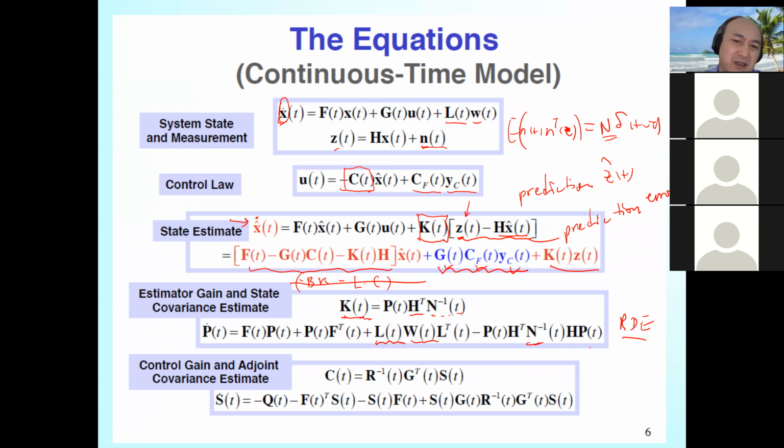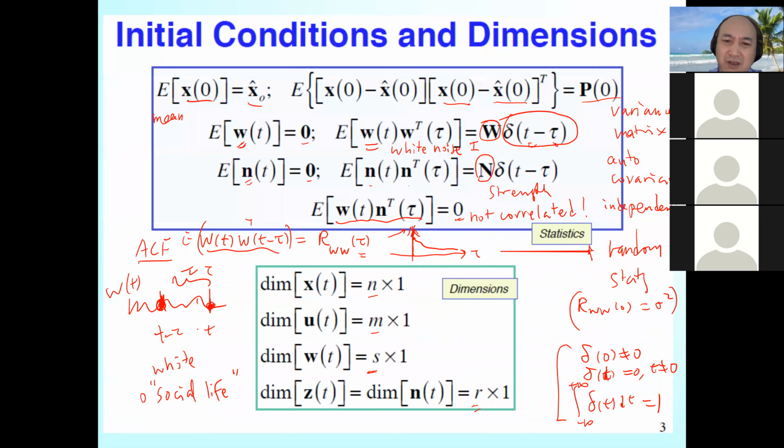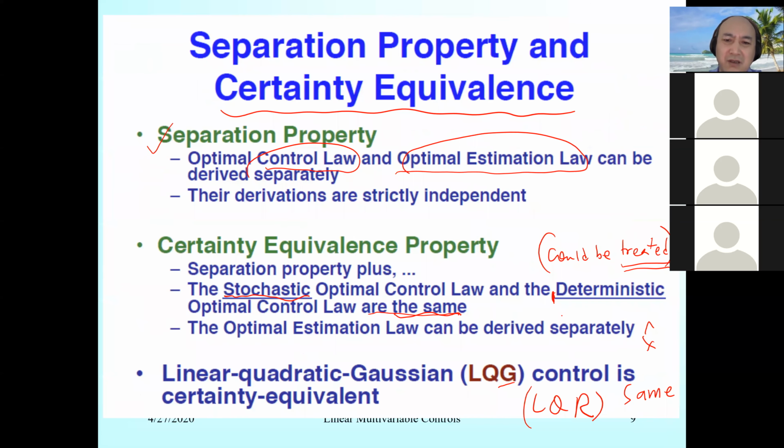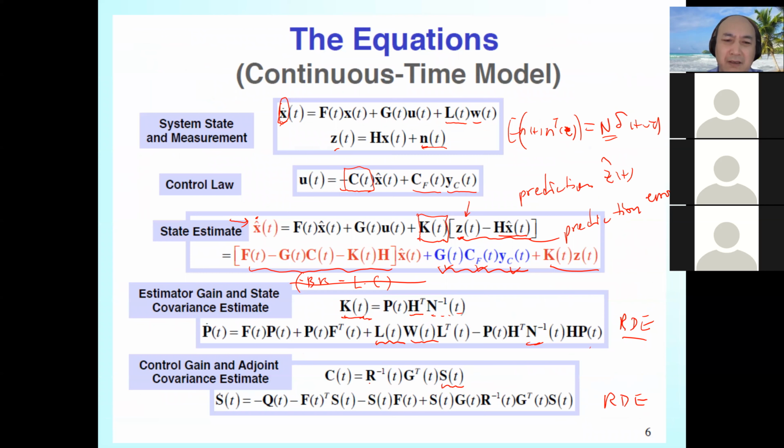And again, I'm going to have S(t) in here. S(t) satisfies this. This is another Riccati differential equation. R is my control weighting matrix. So this is basically my LQR controller, remember, that's familiar.